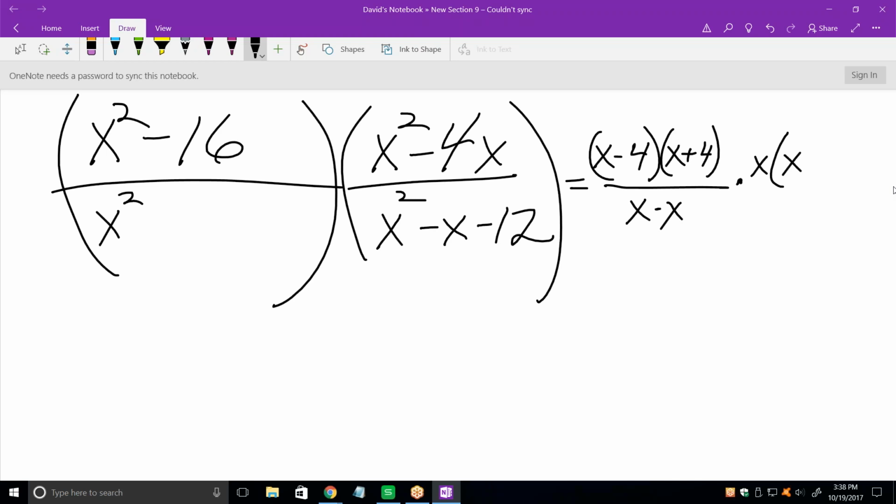This is a greatest common factor. What's the greatest common factor you can take out of that? 2? Not 2, x. Remember that the greatest common factor has to divide into both terms evenly. That's the rule. And those two multiplied together give you x squared minus 4x.